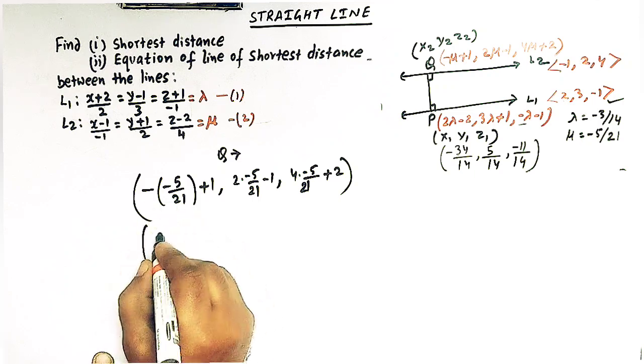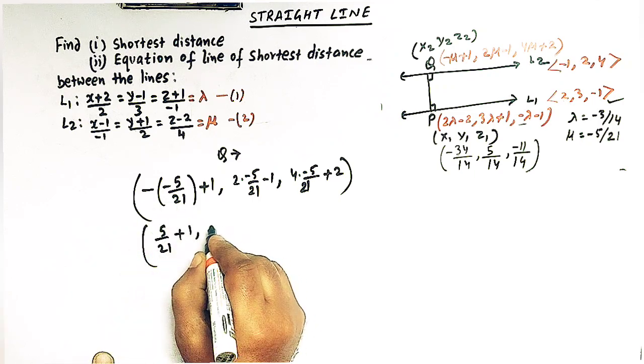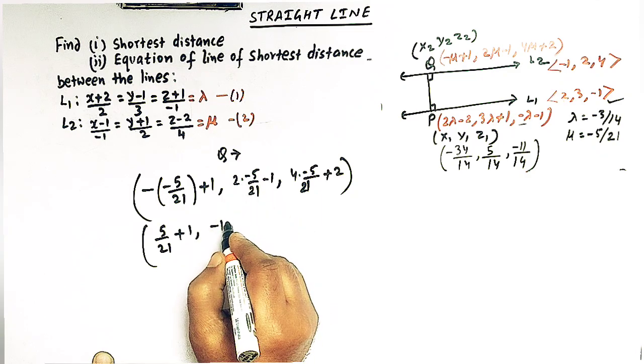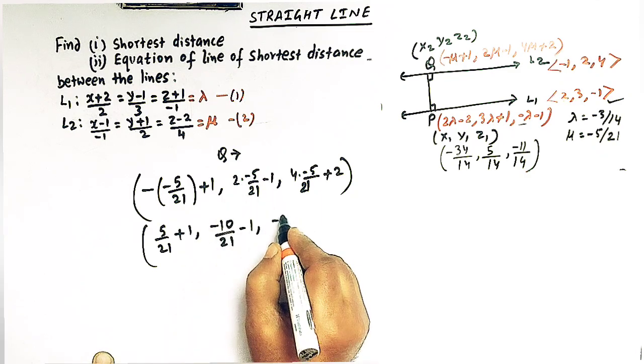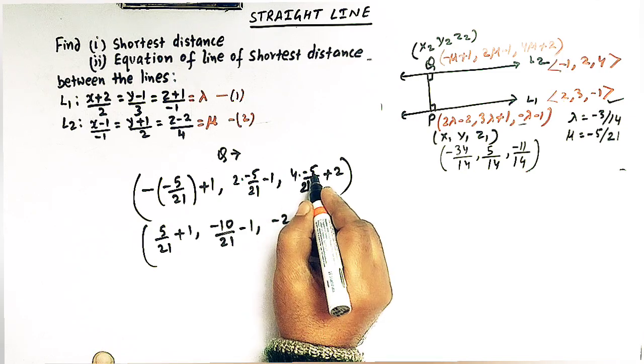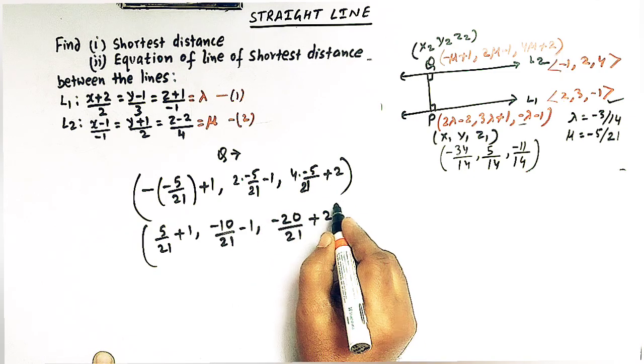So simplifying, we have 5 over 21 plus 1. This is 2 times minus 5 is minus 10 over 21 minus 1, and minus 4 times minus 5 is minus 20 over 21 plus 2.